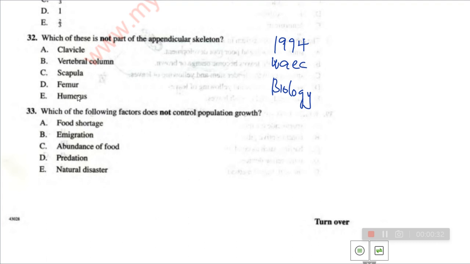humerus. So when we are talking of the appendicular skeleton, it has to do with the limbs, and you know that we have the upper limb and we have the lower limb. The upper limb has to do with the limbs, your foot.